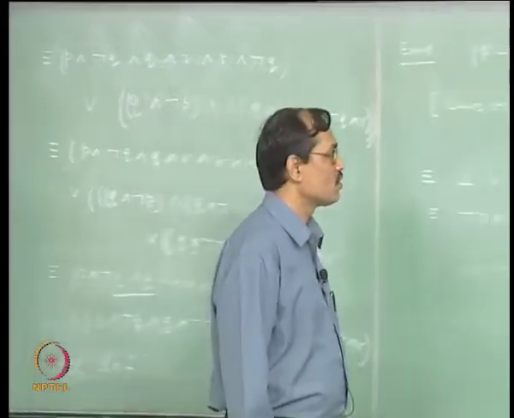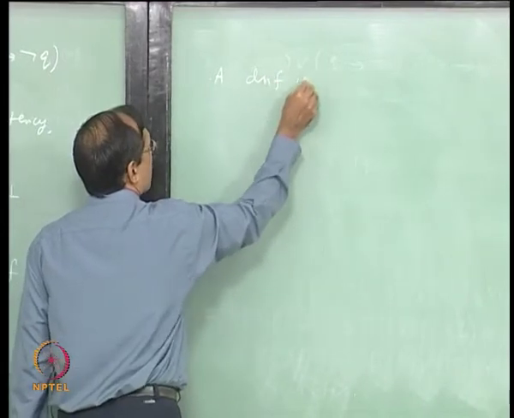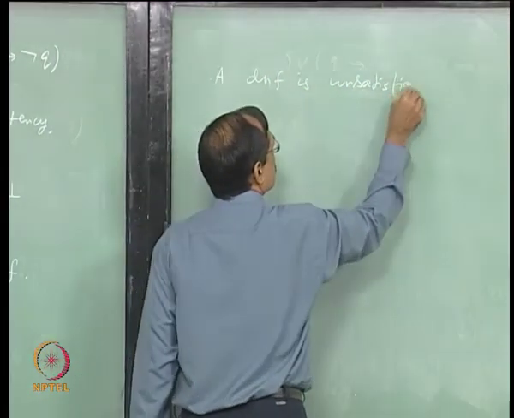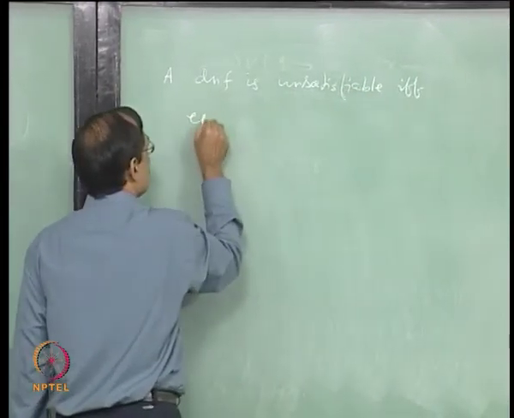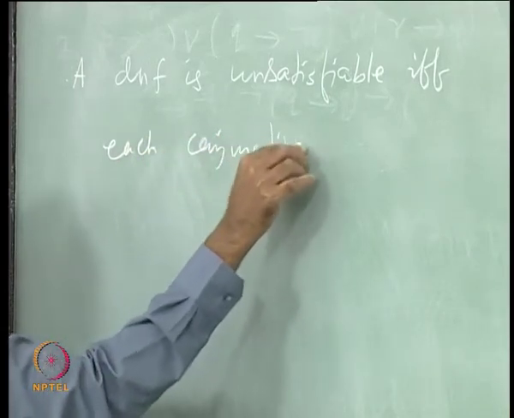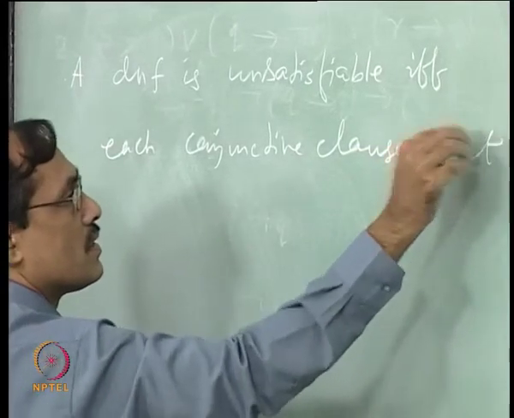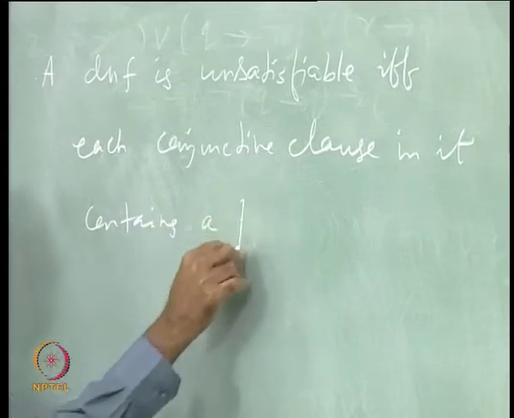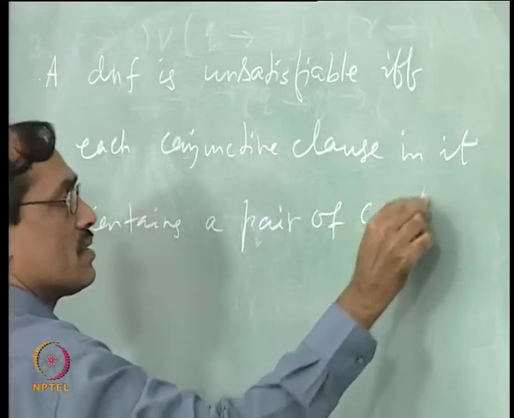Is that clear? So, what we observe is a DNF is unsatisfiable if and only if each conjunctive clause in it contains a pair of complementary literals.